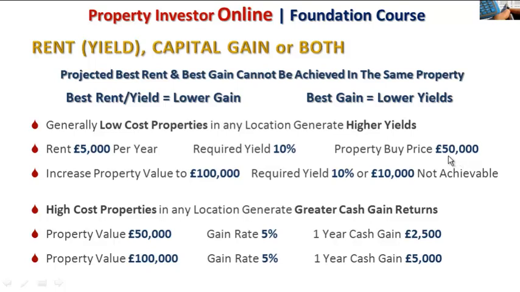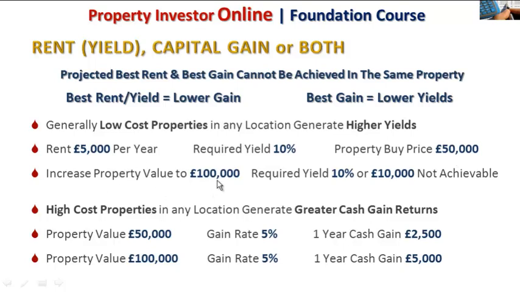But most landlords work at close to the maximum LTV, or loan to value, that's available, and therefore they, as a group, will pay £50,000 because they need to achieve this 10% yield. A private owner could come along and pay slightly more, but in the main, £5,000 rent, local rent, governs the buy price for the investor.